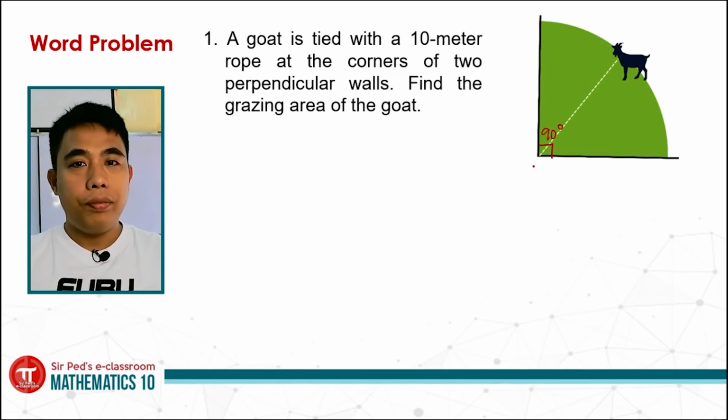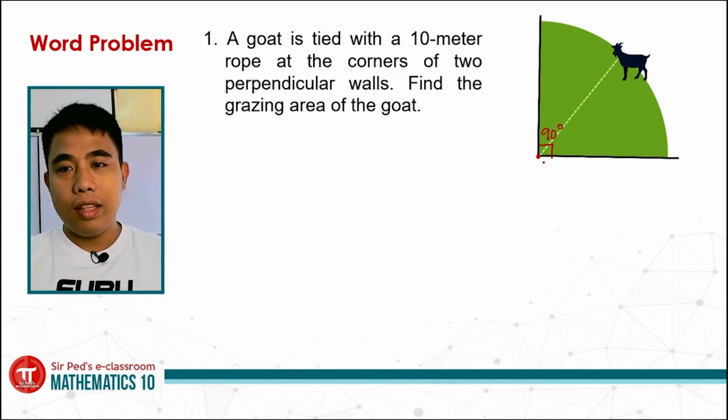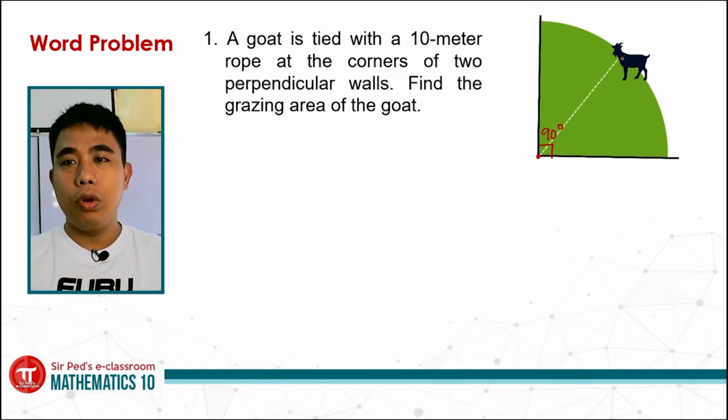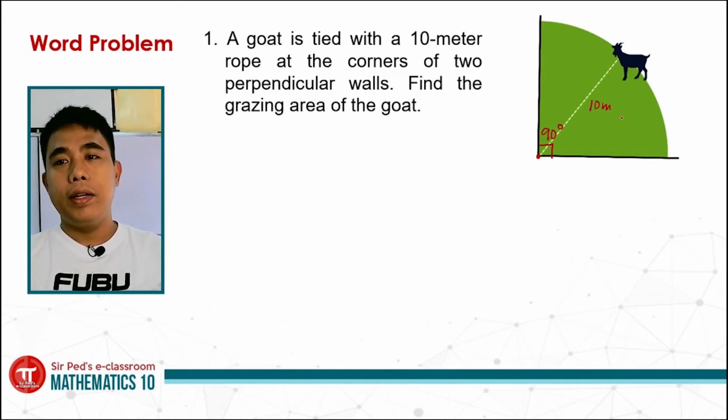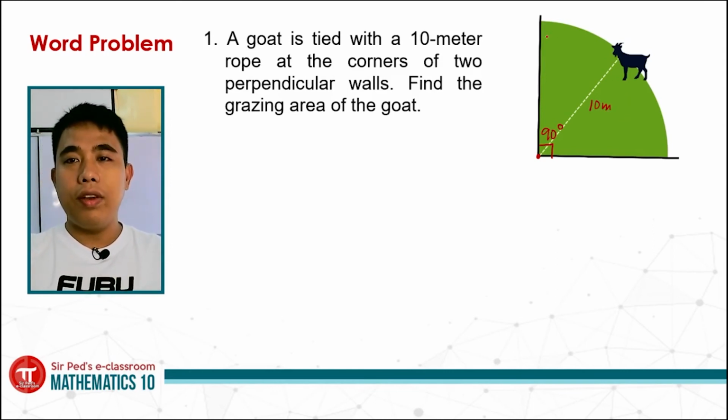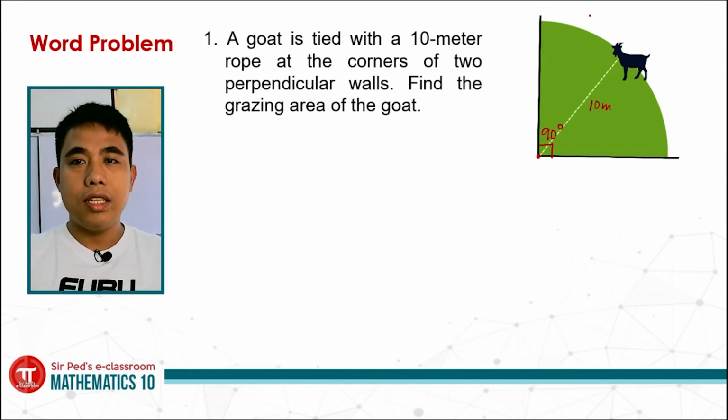And it is tied at the corner of that perpendicular wall, yung goat natin. And the measure of the rope is 10 meters. So that will become our radius of the circle.